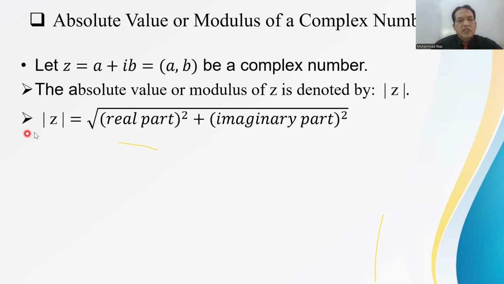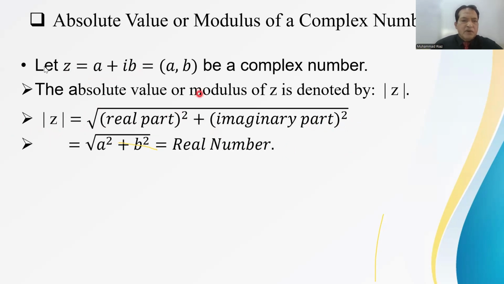Students, the method to find the absolute value of a complex number z is equal to a plus iota b. As you know, a is the real part and b is the imaginary part with iota. Now, the absolute value of a complex number is equal to the square root of the real part whole square plus the imaginary part whole square.